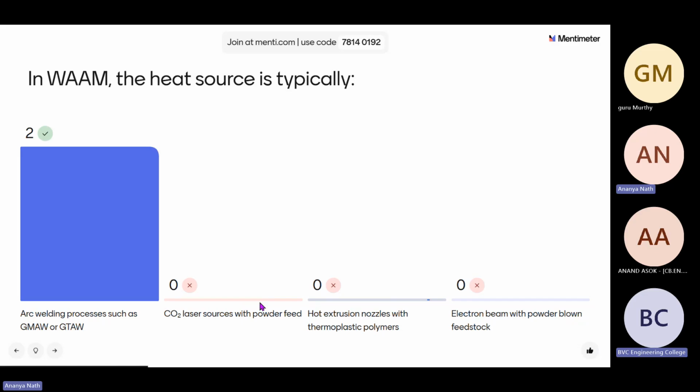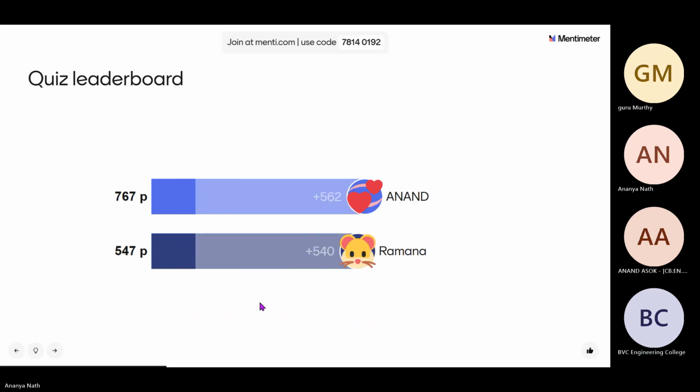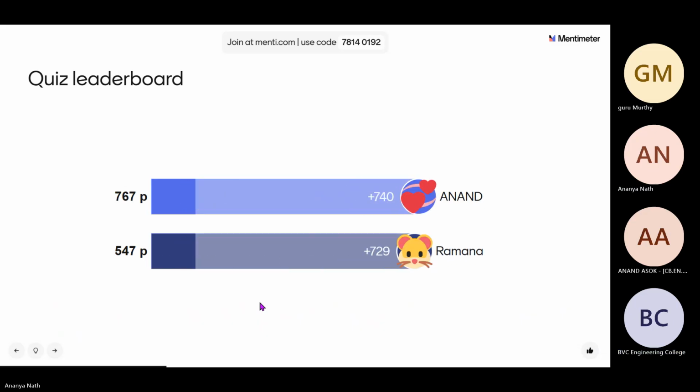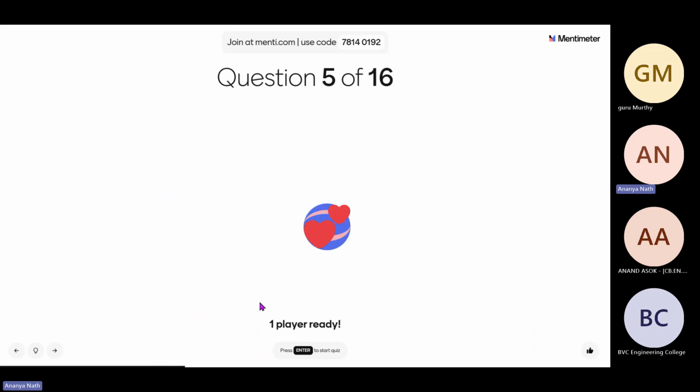First one is the answer. WAAM means welding only, whether it may be TIG or MIG. Okay, we have the same fastest, Anand. Next, it's our fifth question.